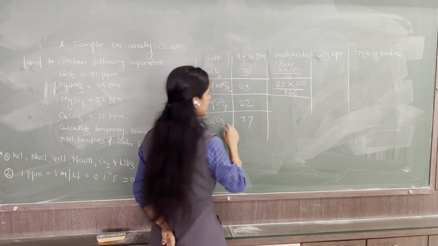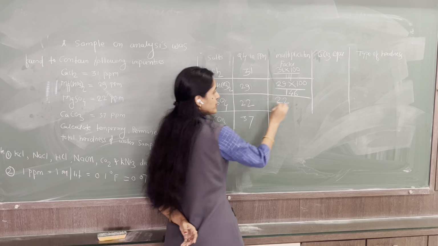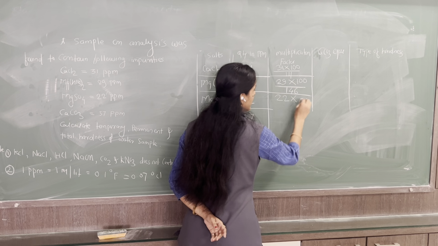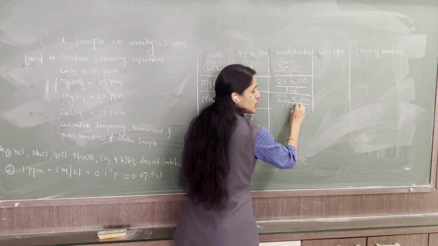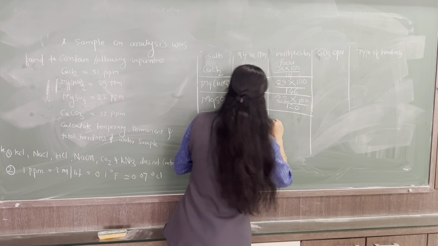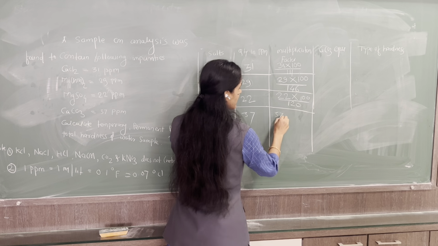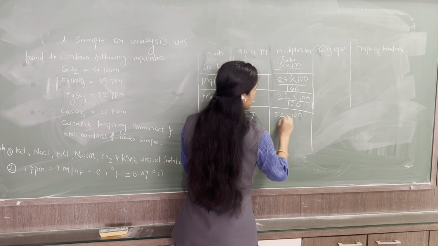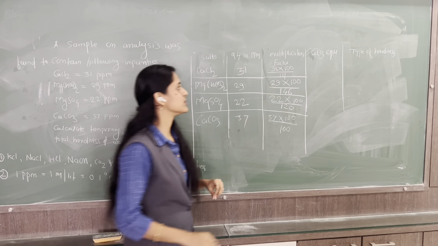Now the third one is MgSO4. What is the multiplication factor? It is the impurity into 100 divided by its molecular weight, 120. Then next one is CaCO3. Again the same way, 37 into 100 divided by 100, the molecular weight of CaCO3.